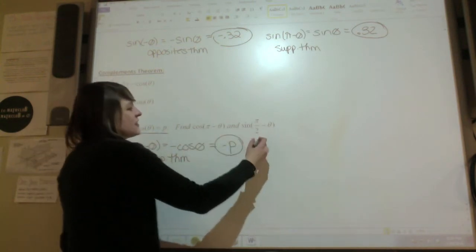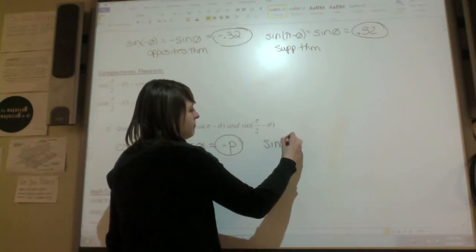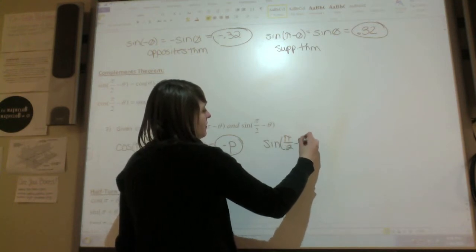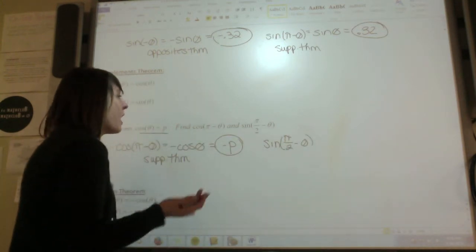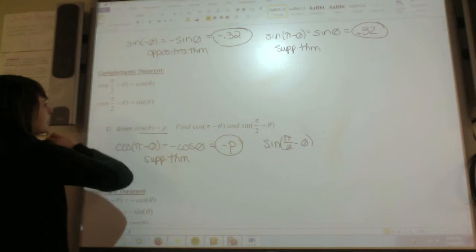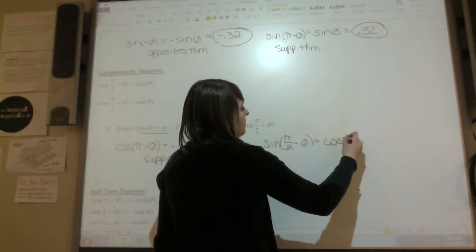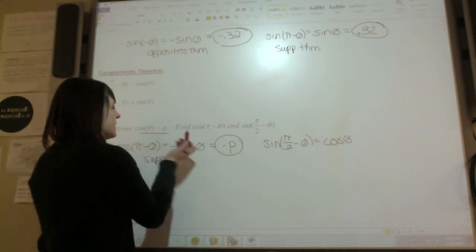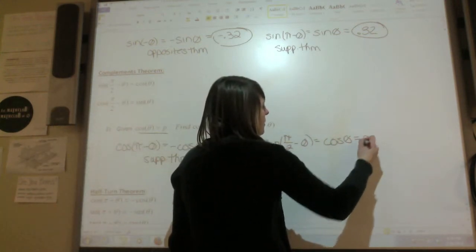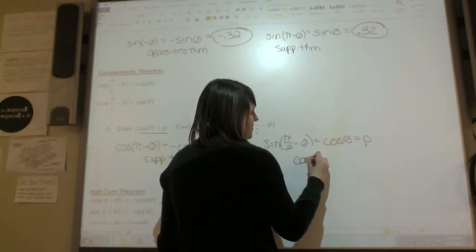If I want to find the sine of pi over 2 minus theta, I'm going to be using the complements theorem. It says that the sine of pi over 2 minus theta is equal to the cosine of theta. They just told me that the cosine of theta equals p. So that's according to the complements theorem.